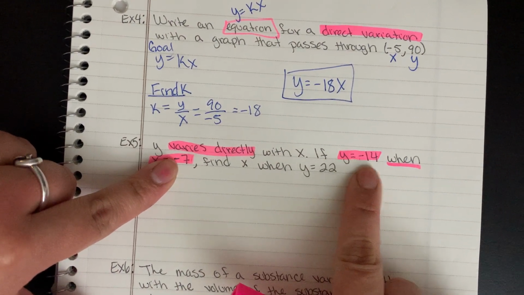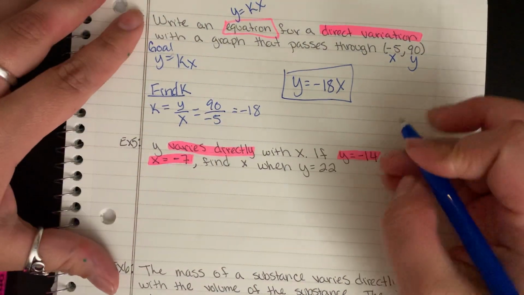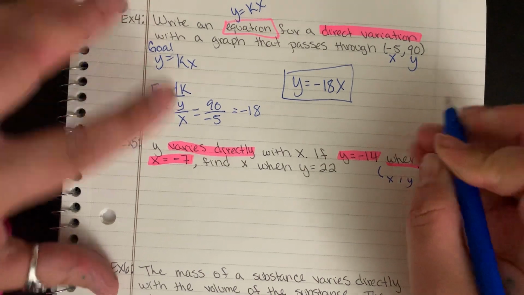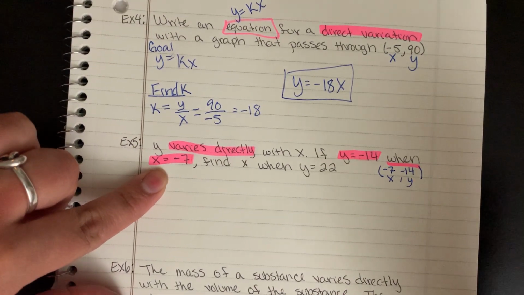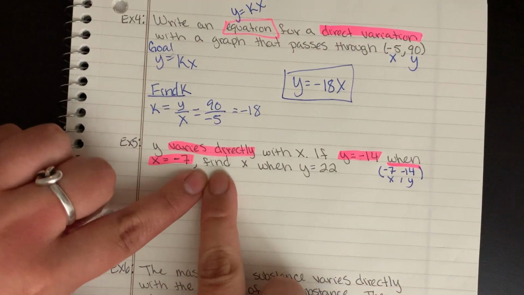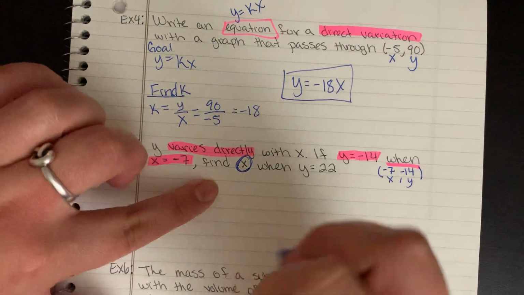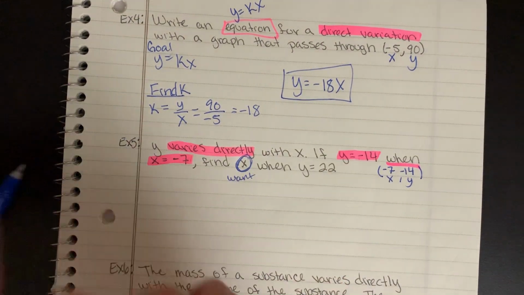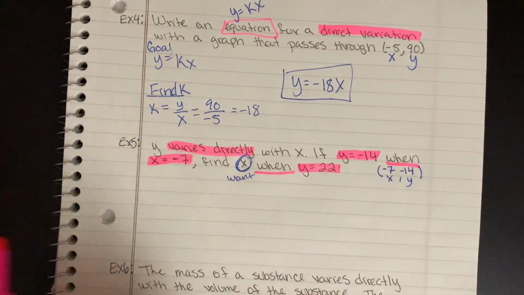That part tells me x is negative 7 and y is negative 14. Then, find x. So what am I looking for? I'm looking for x. This is what we want. When, here's that word connecting it to something again, y equals 22.